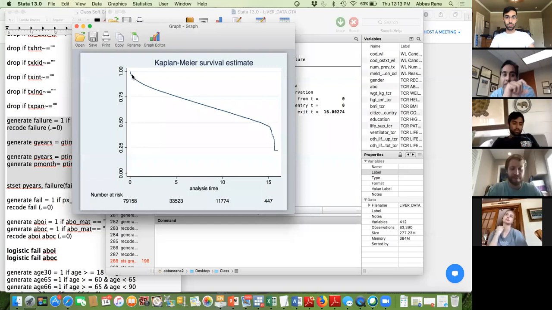So everyone has a time and an event, and so what happens is that when you have less follow-up time, you have more patients in your study because everyone has had 1 month or 1 year of follow-up. Majority of people have 1 year or 1 month of follow-up. But 15 years of follow-up, very few people have actually had that.